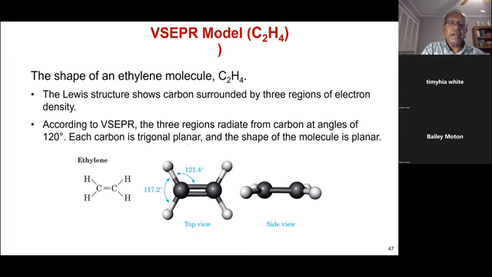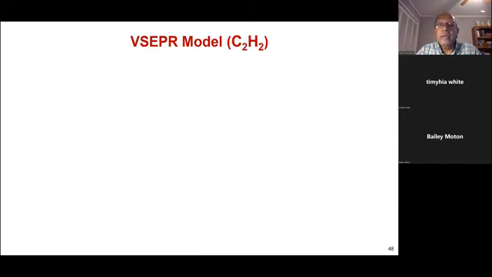This is also trigonal planar. So this is planar. When the other one is bonded, it is planar. The whole molecule is a flat molecule. This is a planar molecule. Now, how many of you are getting this idea?